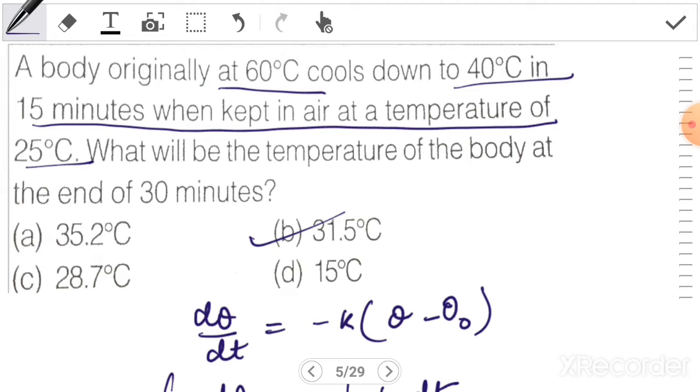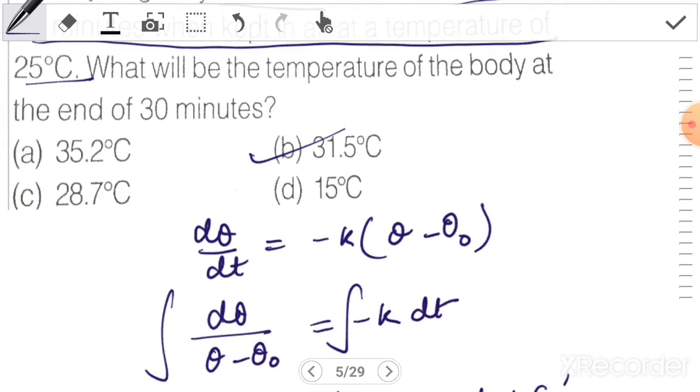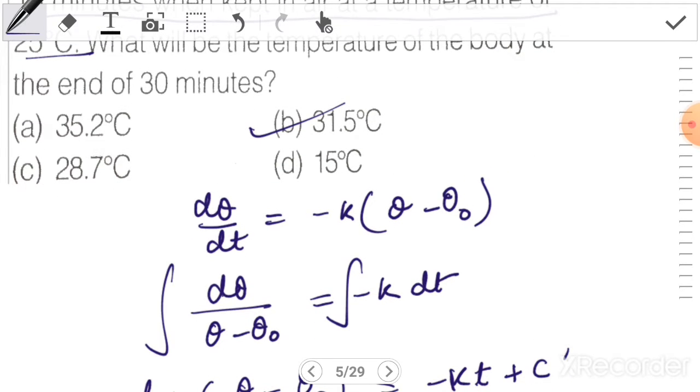So this was from Newton's law of cooling. What we did: since the temperature of a body changes at a rate which is proportional to the difference in temperature of the surrounding medium and that of the body itself, we replaced the proportionality by some constant k.